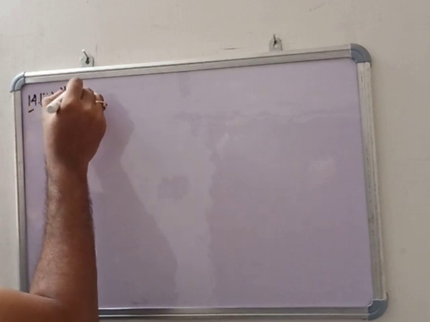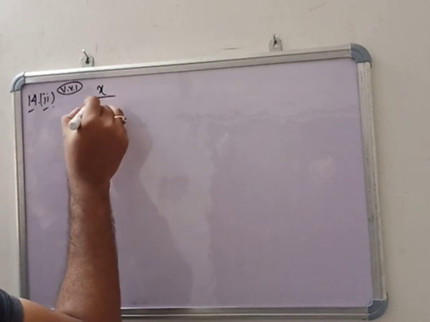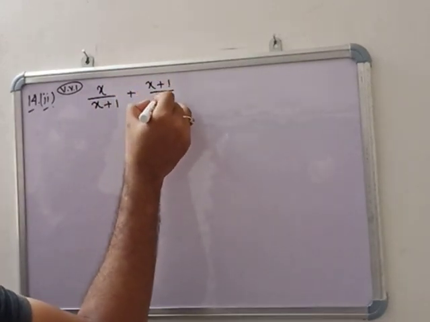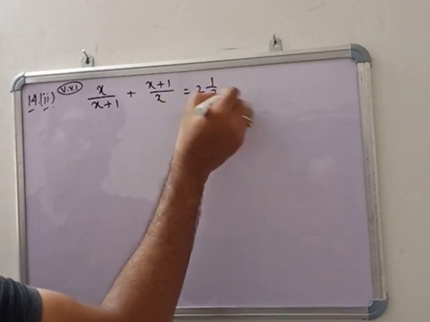Now in number 14, see that, very important sum this is. So x by x plus 1 plus x plus 1 by x equals to 2 and 1 by 2.